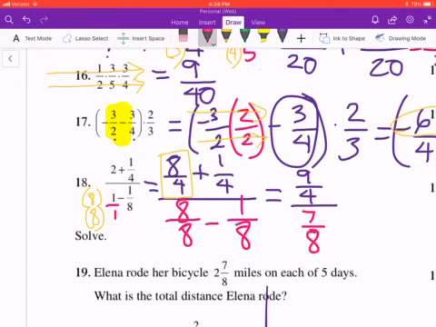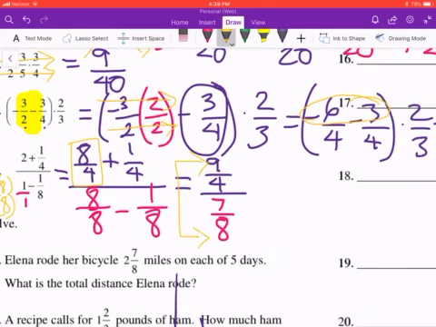And now from here, we could use what I call the sandwich rule. So we're going to multiply the two numbers that are on the outside. So 9 times 8, that would give me 72. And then 4 times 7, and that will give me 28.